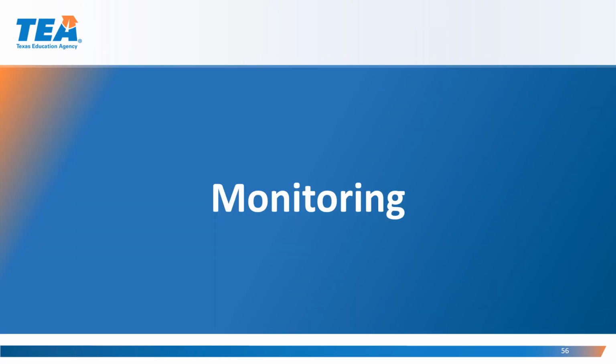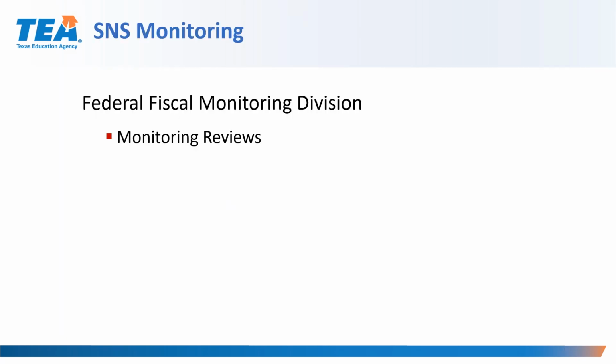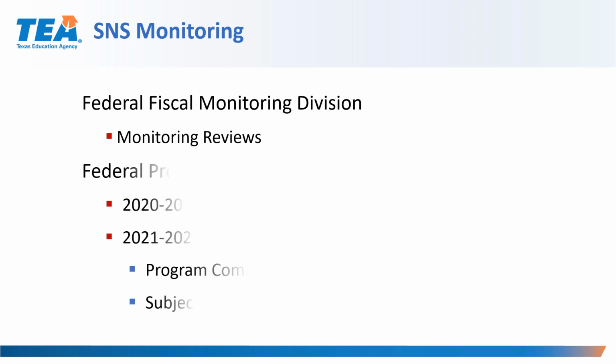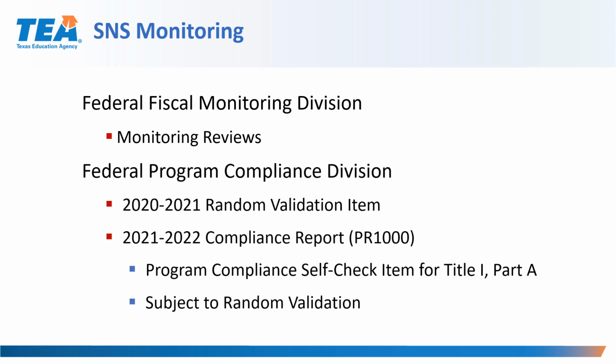Let's turn briefly now to how the supplement not supplant requirement is monitored. The Federal Fiscal Monitoring Division includes supplement not supplant as part of its monitoring reviews. The Federal Program Compliance Division included the supplement not supplant requirement for Title I Part A as one of the items checked during the random validation process for the 2020-2021 and 2021-2022 school years.